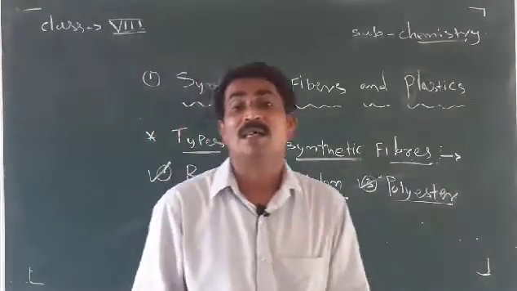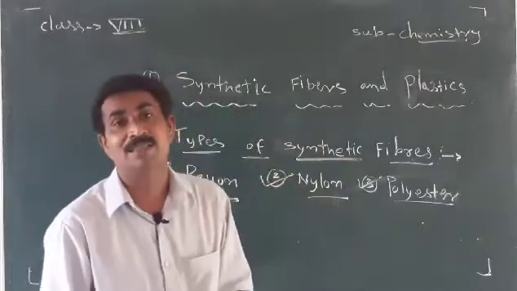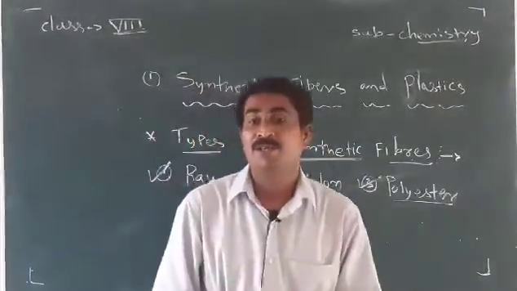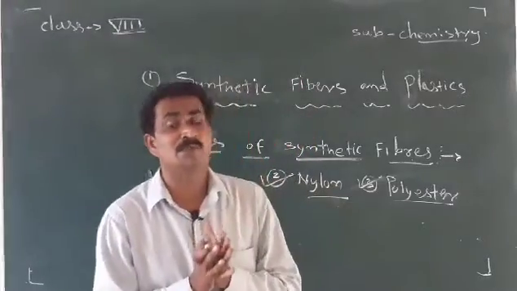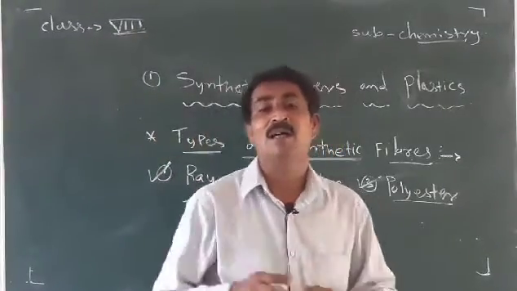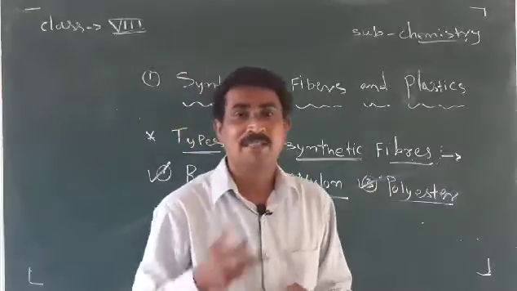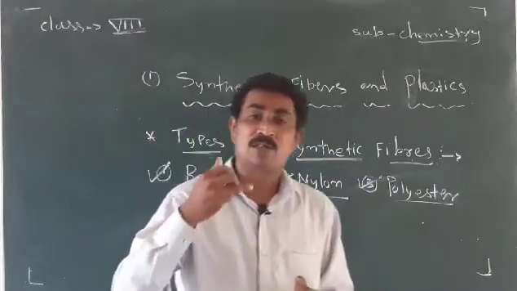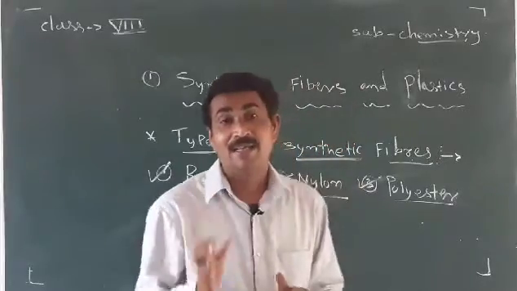Rayon is the first synthetic fiber. In the second part we want to know about nylon. The word nylon comes to our eyes in many things, like decoration items, and ropes can also be made from nylon.